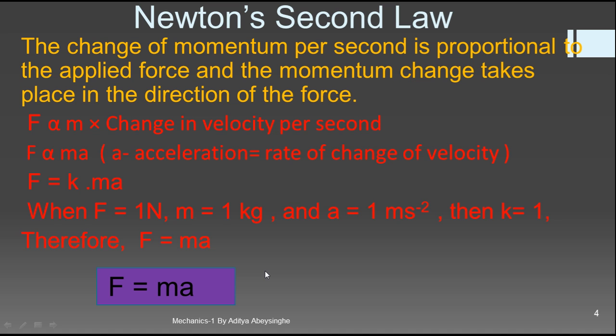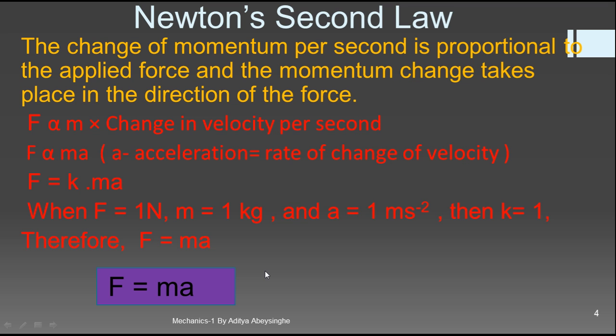Delta v over t, the change of velocity per second, is the acceleration, the rate of change of velocity. So F is proportional to ma. To remove this proportionality, we equate it with a constant, k. So F equals k times ma. When F is 1 newton, m is 1 kilogram, and a is 1 meter per second squared, then k equals 1.